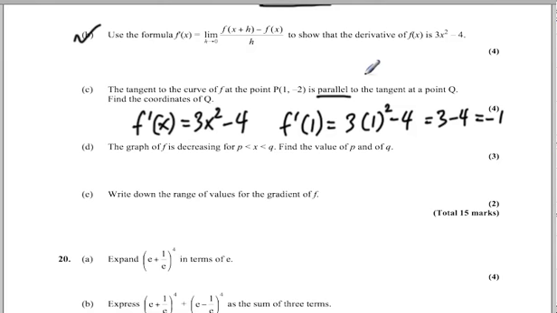So we need to find another point that is parallel to the tangent at... okay, hold on.